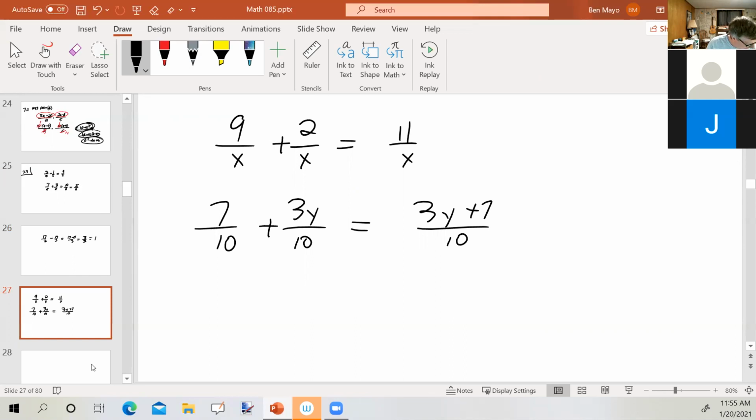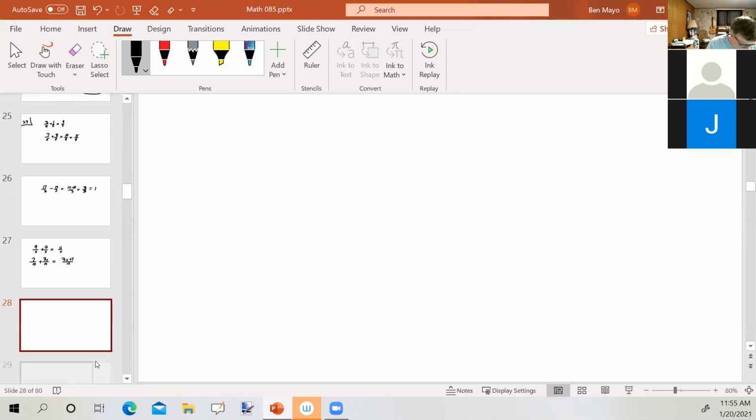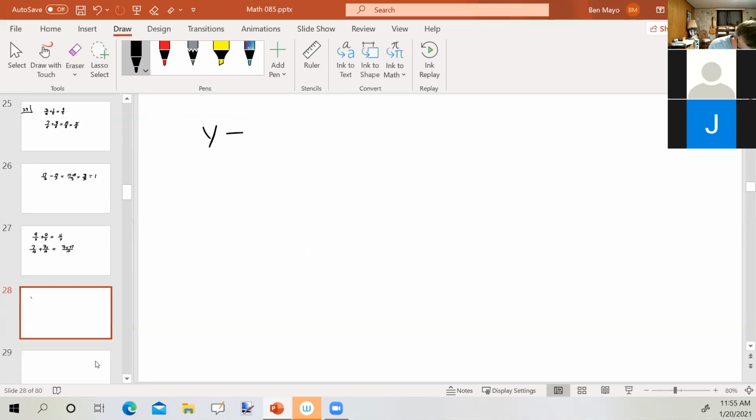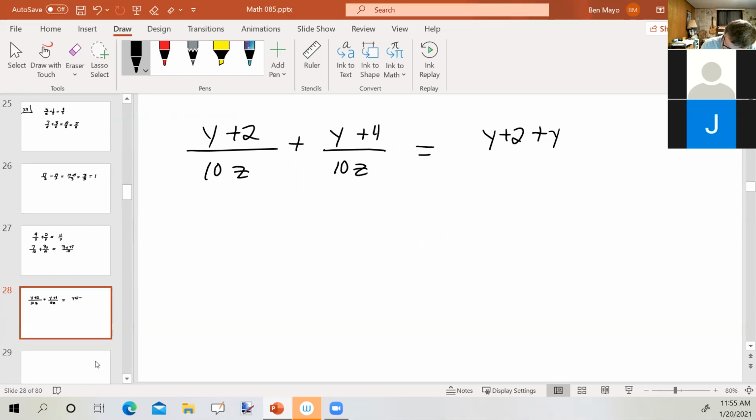Okay, let's take a look at this one. y plus 2 over 10z plus y plus 4 over 10z. This becomes y plus 2 plus y plus 4 over 10z. We add the numerators over the common denominator.